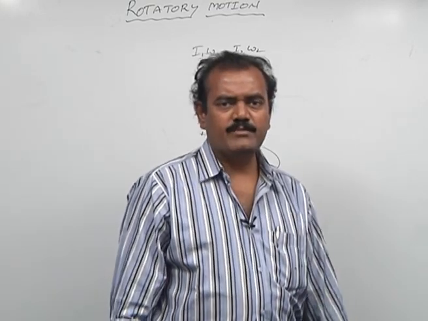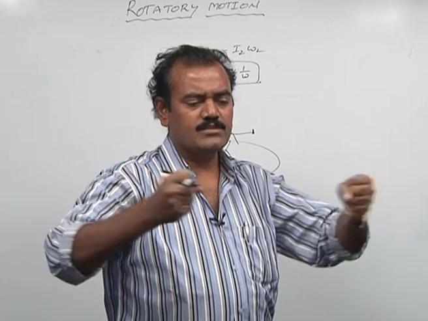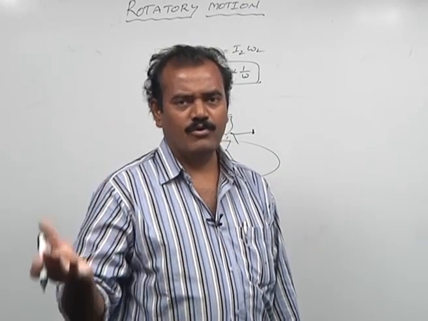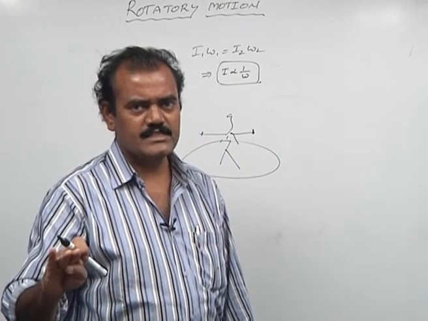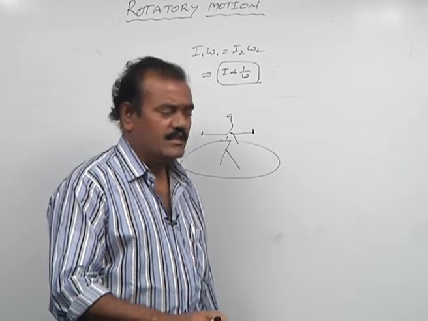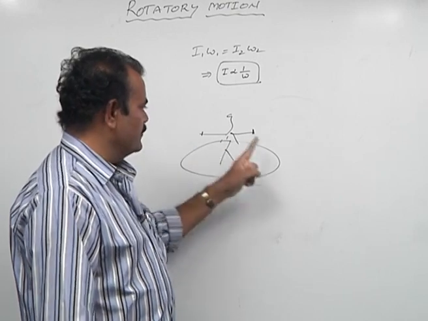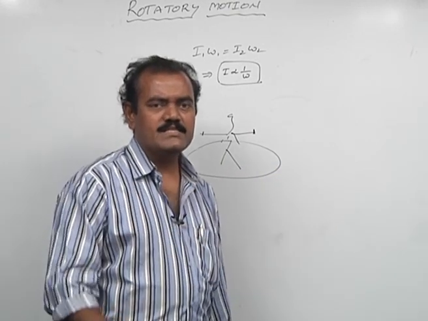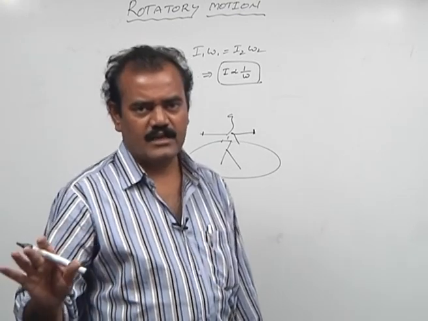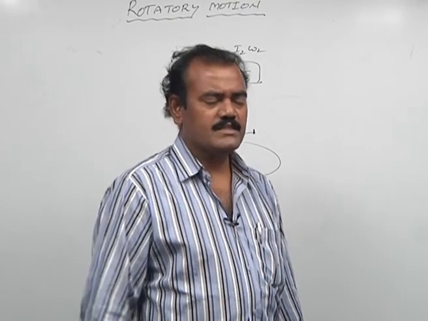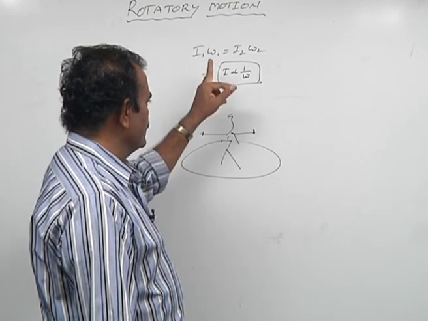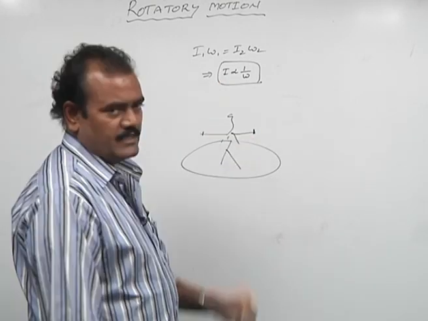Suppose he brings those two dumbbells close to his body like this, then automatically I will be less and omega will be more. There is no change in the rotational speed of the circular disc. Even then, only because of those internal changes, there is no external torque at all, and he is able to increase his rotational speed. That is, I is decreased and omega is increased.